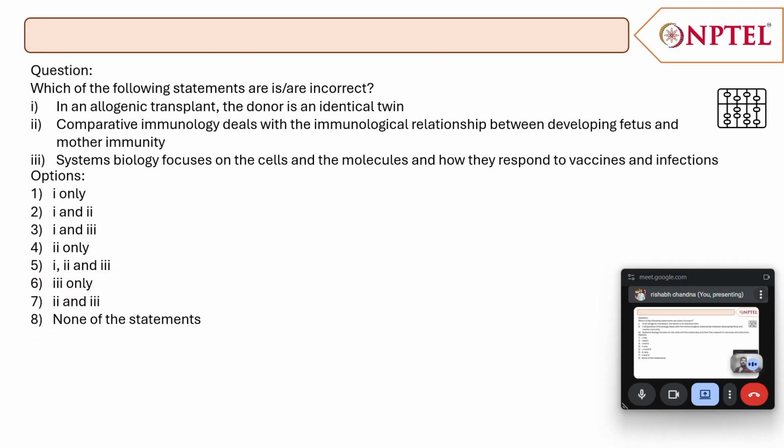In an allogenic transplant, the donor is an identical twin. Comparative immunology deals with the immunological relationship between developing fetus and the mother immunity, and systems biology focuses on the cells and the molecules, how they respond to vaccines and infections.